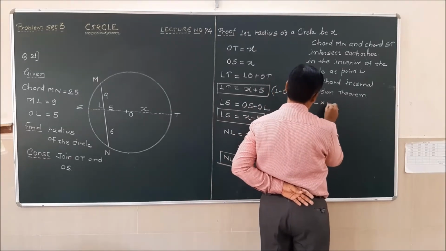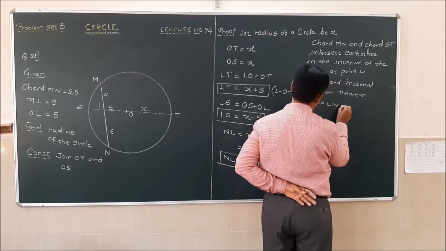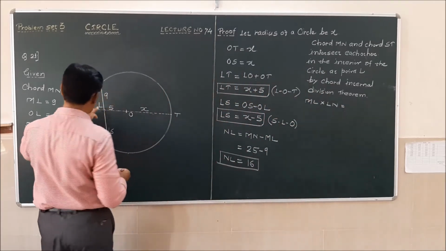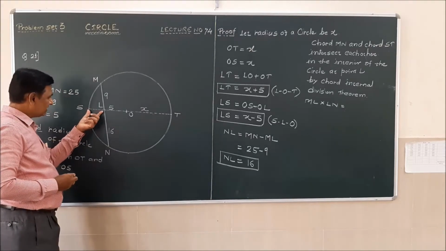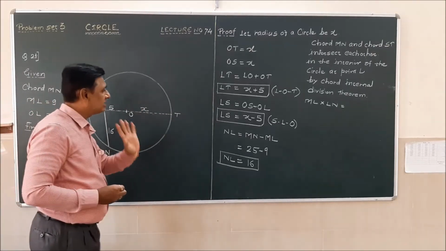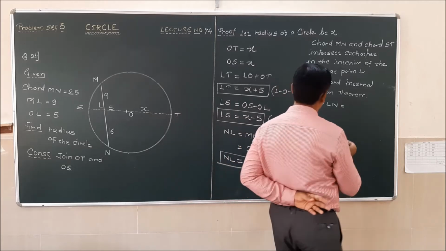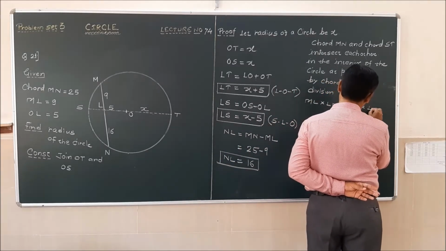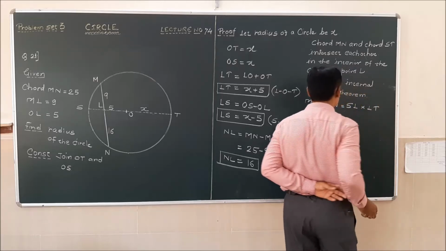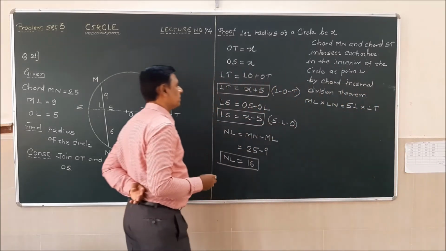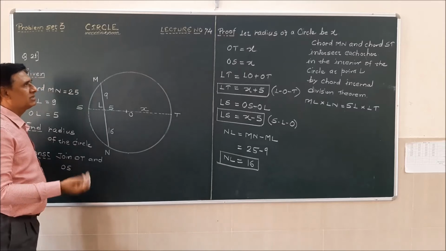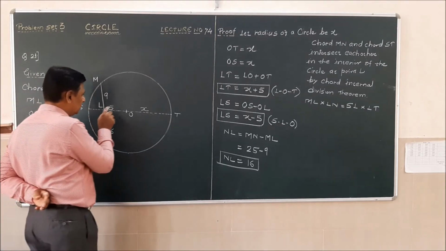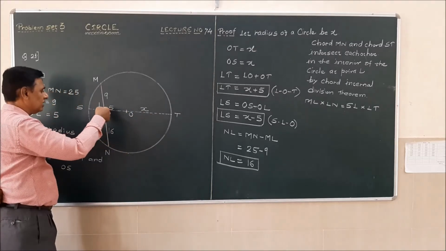That is equal to SL into LT. This is how we apply the chord internal division theorem, that SL into LT is equal to ML into LN.